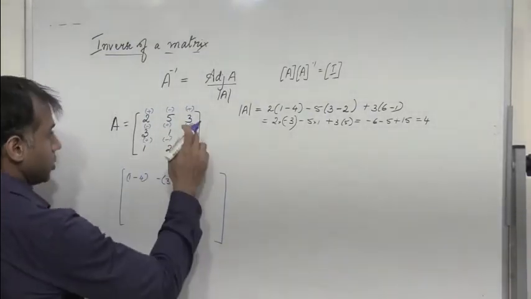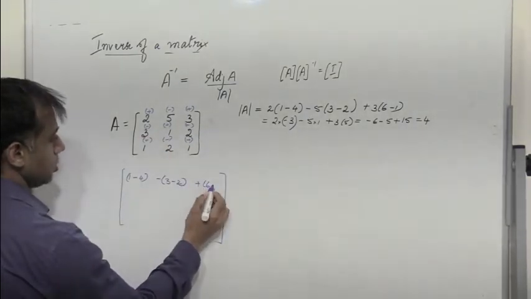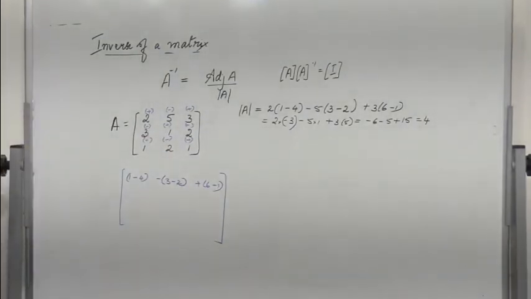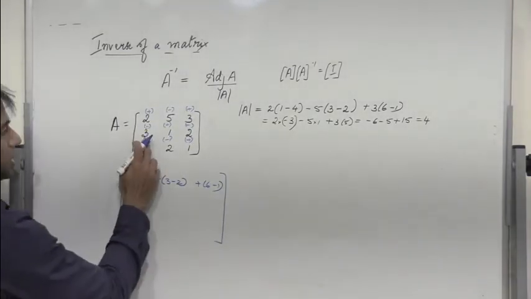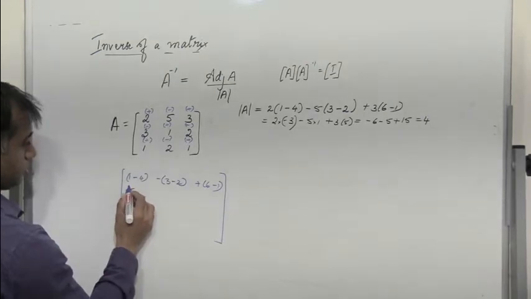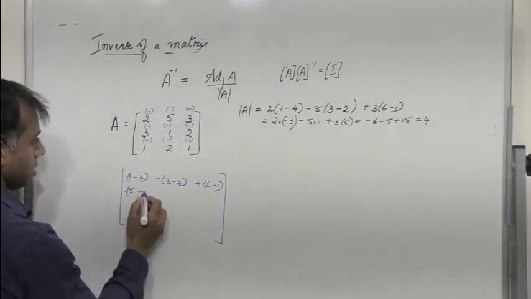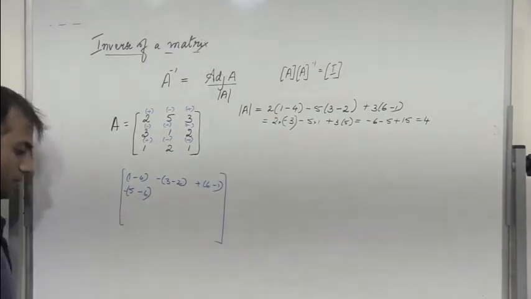To find the cofactor of 3, plus 3 into 2 minus 1. Next, leaving the first column and the second row, we have 5 into 1 with of course a minus sign. So 5 into 1 minus 3 into 2 is 6.